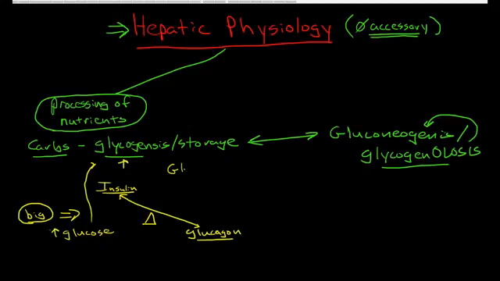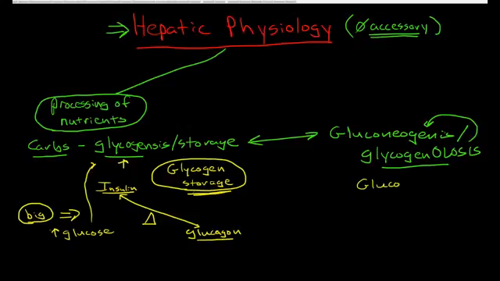Now, glycogen is perfectly suited for storage because it's insoluble. So it's an insoluble form of a simple carbohydrate, and so it is stored in the liver. It is very bad for transport in the bloodstream, because the easiest way to transport something in the bloodstream is to have a soluble molecule. So what's a soluble molecule? Glucose. So glucose is for transport, glycogen is for storage.